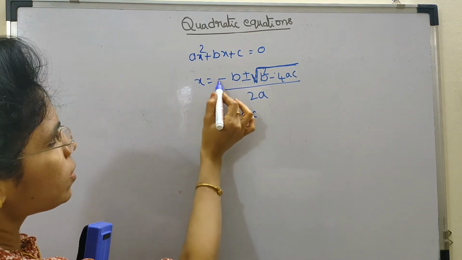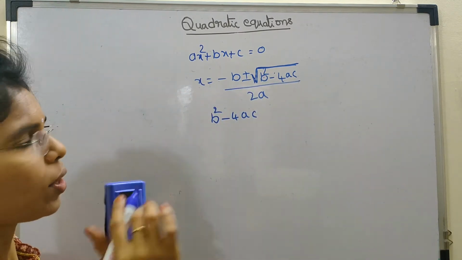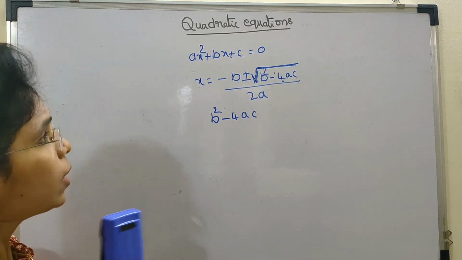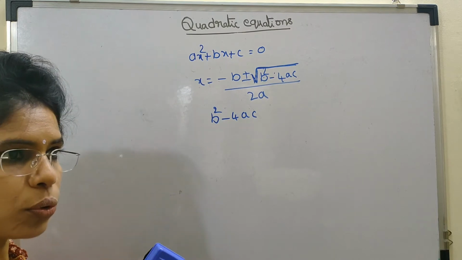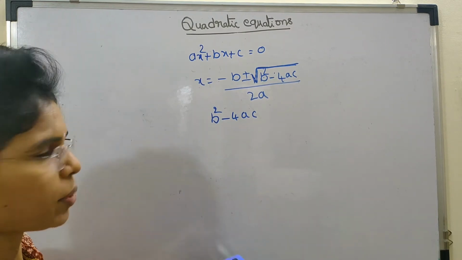Here, you got x = -b/2a. So another root is also -b/2a. We call them repeated roots. Right? So when b² - 4ac is equal to 0, you get two roots which are repeated: -b/2a, -b/2a.